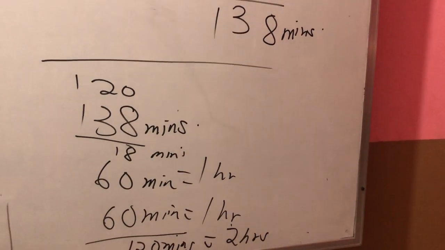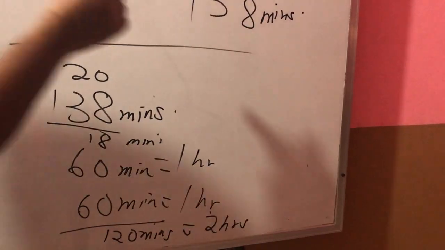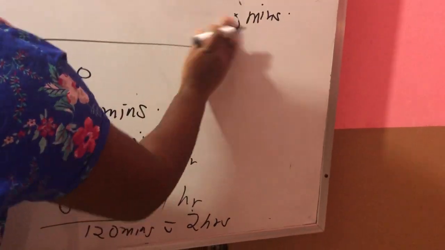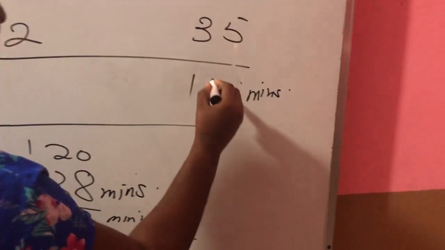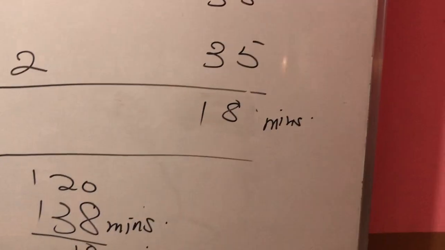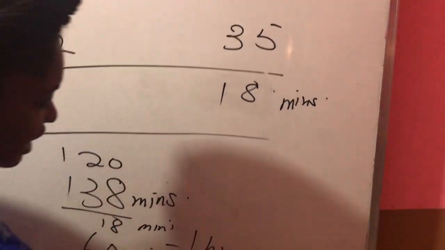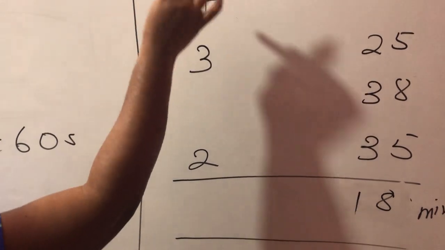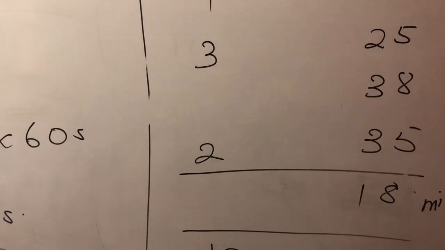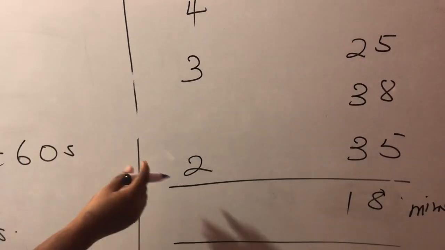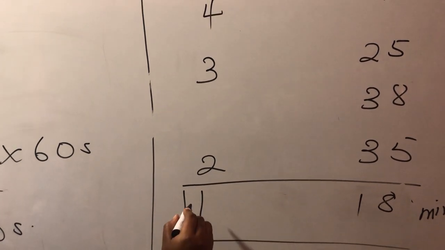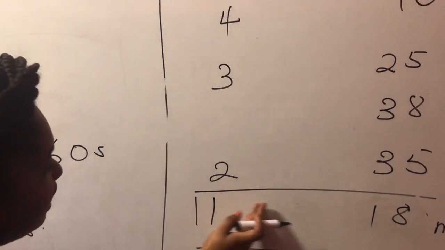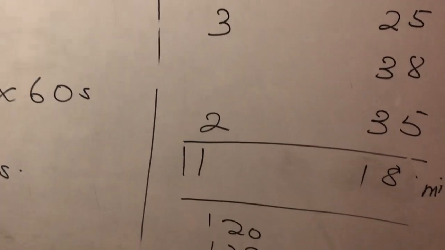So I clean this 138, and I bring my 18 minutes here. Now I'm coming to carry these 2 hours here. So 2 plus 4 is 6. Then we have 9, then we have 11. So your answer is 11 hours, 18 minutes.